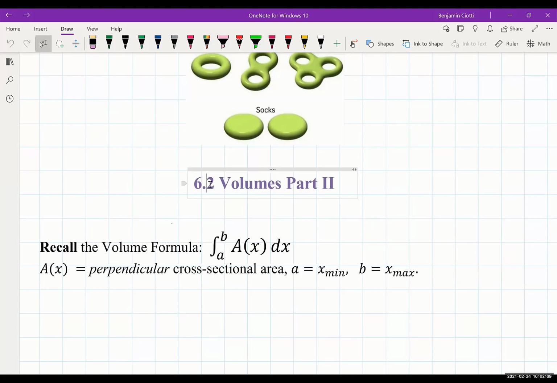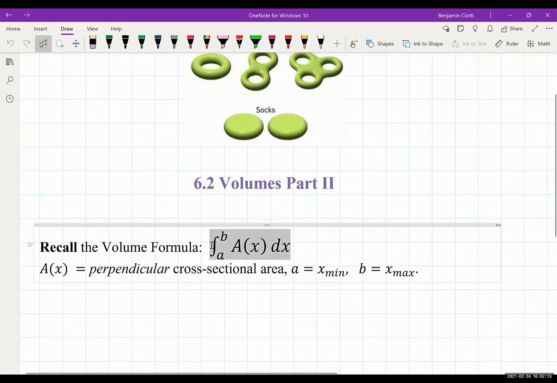So this formula I gave you all last time is how to find a pretty general volume if you can find the area of a cross-section, and specifically a cross-section that is perpendicular to the direction of integration. If you can find it, well, then this formula here will be your volume.